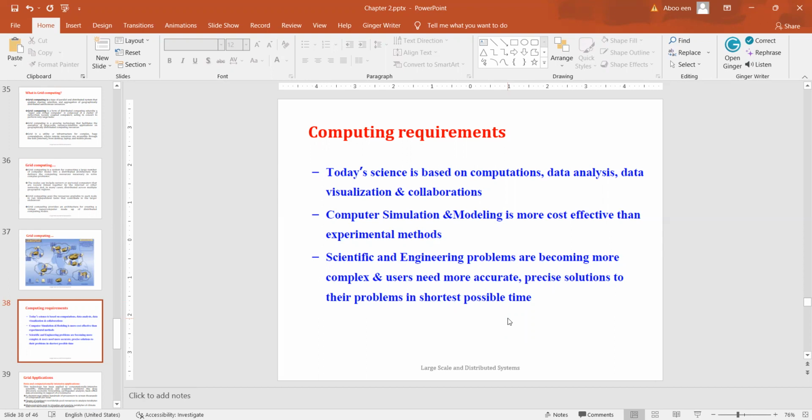So their computing requirement is entirely different, and they have a special kind of requirement.